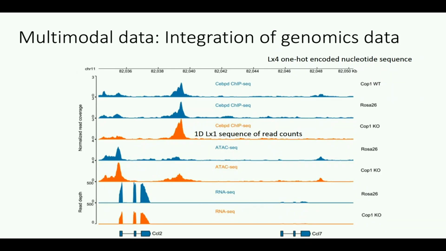We also have DNA sequence, or nucleotides, which we can represent either with one-hot encoding or some other types of embedding. And we also have single-cell RNA-seq that tells us about the expression of different genes at different times. How we make use of different data to come up with machine learning solutions is one of the themes in the functional genomics area.